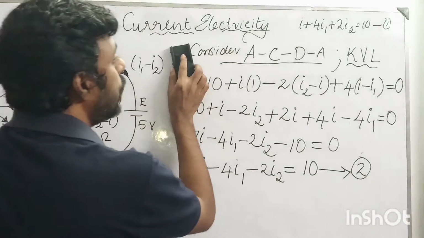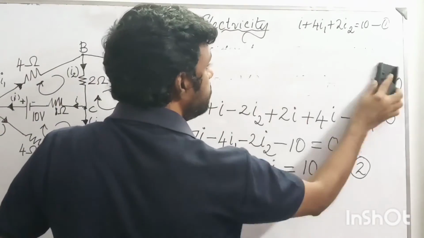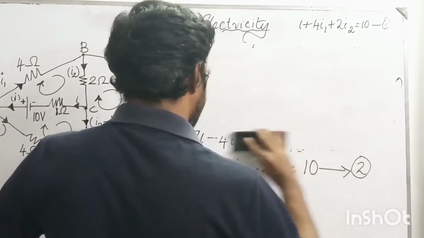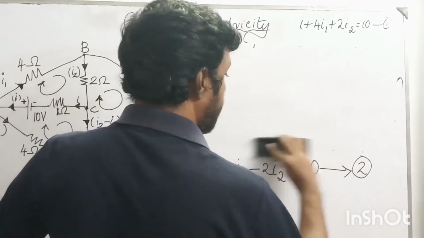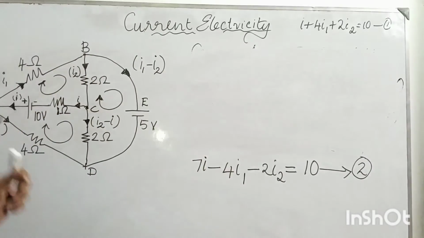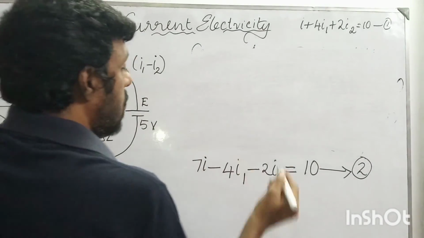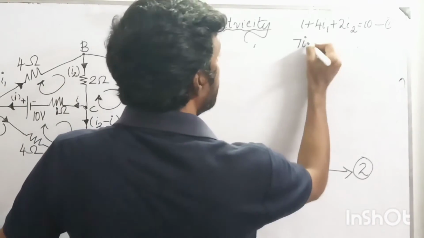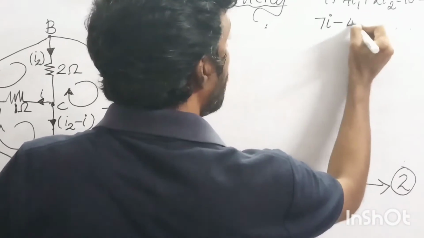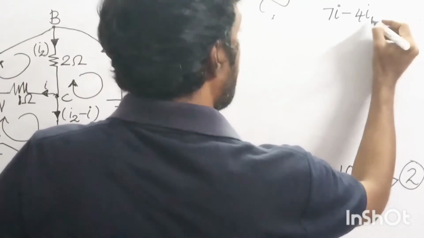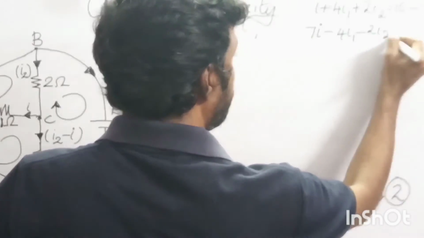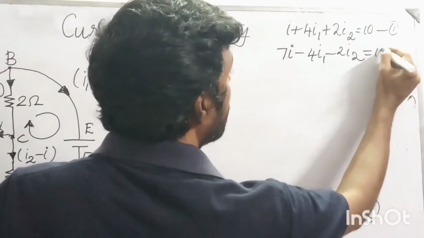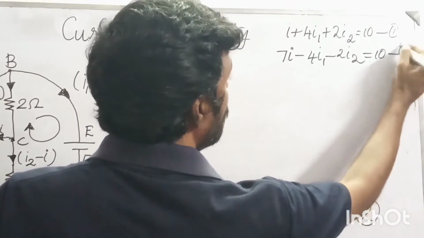Okay, now I am going to rub this one. Okay, I have erased this one. So separately I will note this equation: 7I minus 4I1 minus 2I2 is equal to 10. This is equation number 2, right?